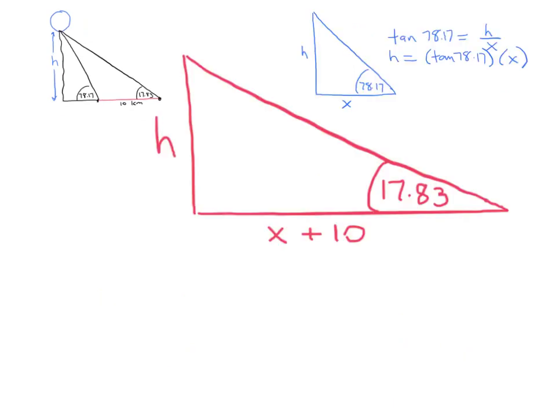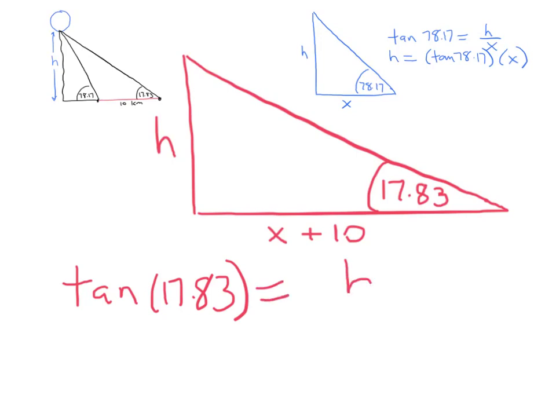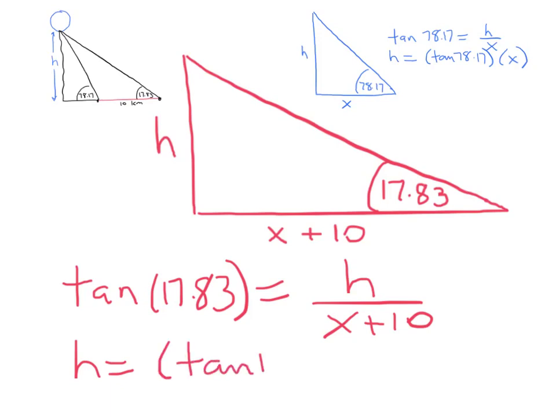Now if we look at the second triangle, similarly, we can say the tan of 17.83 is equal to the opposite side over the adjacent side. And we can also say that h is equal to the tan of 17.83 times x plus 10.